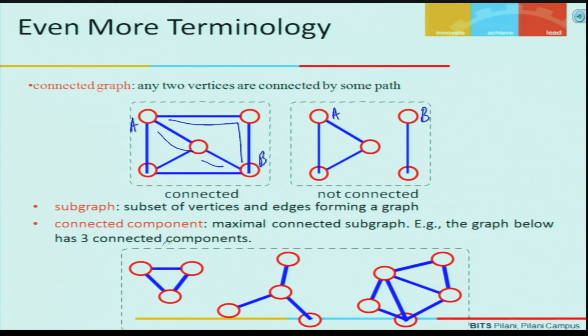So, if I look at this as a complete graph, it has 3 connected components. Each component, say C1, C2 and C3, is itself a connected graph. If I look at this graph, this has 2 connected components. So, you have connected subgraphs and you have what are called connected components.